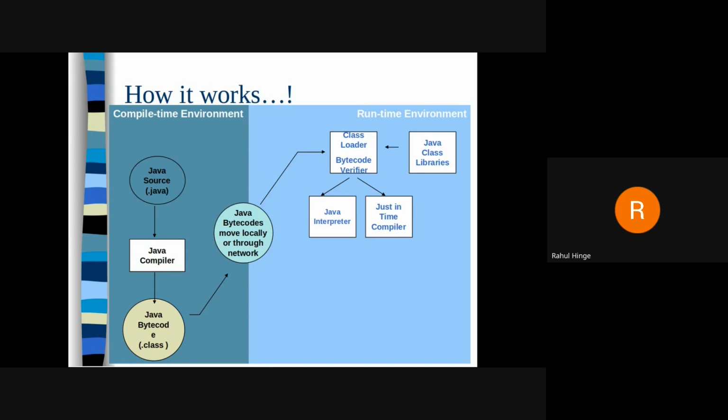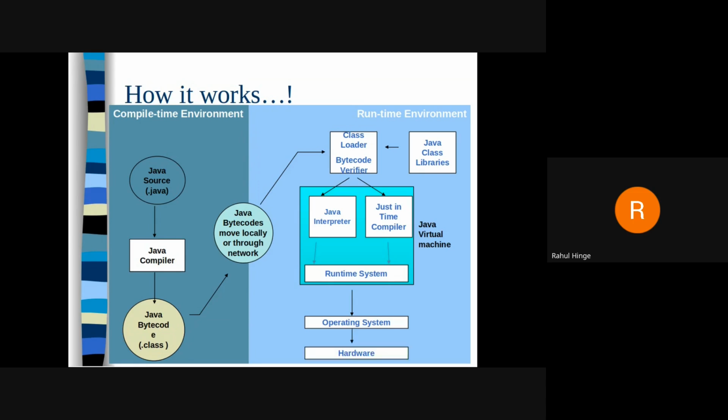Instead of interpreting repetitions multiple times, that would be stored in the just-in-time compiler, and as and when it requires, it uses it from JIT. This is your runtime system. We call this the Java Virtual Machine, and this is your operating system, and the last one is hardware.